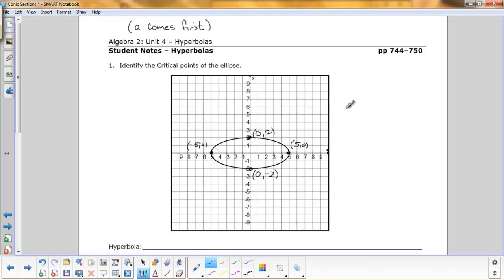We're going to identify the foci here by using c squared equals a squared minus b squared. So that means that the foci are located here and here at negative square root of 21, 0, and the square root of 21, 0.